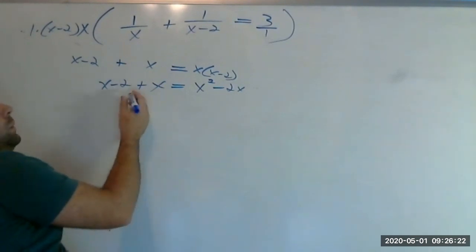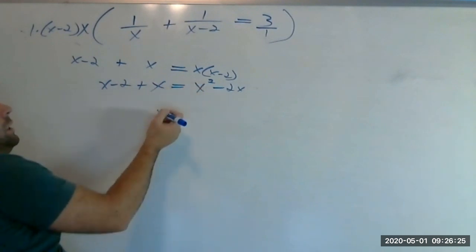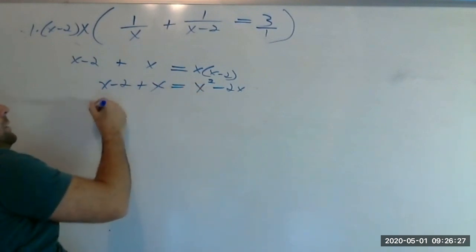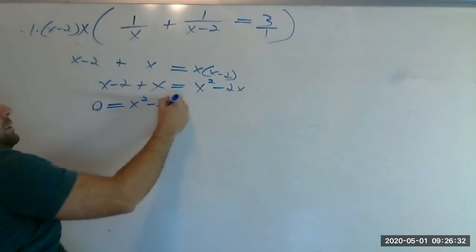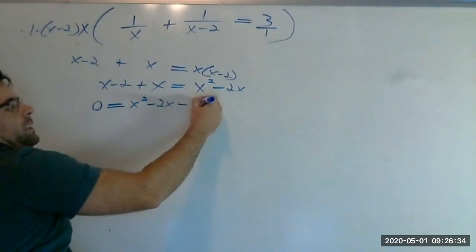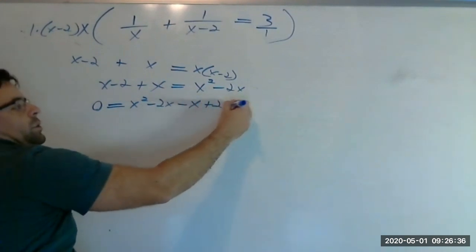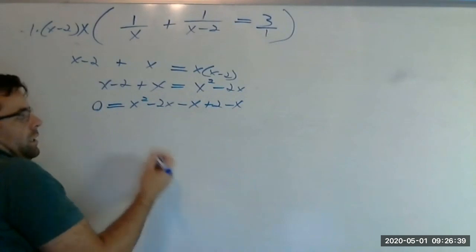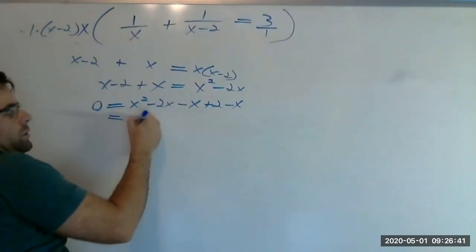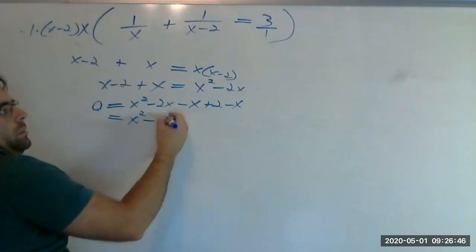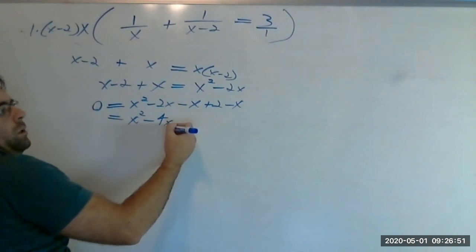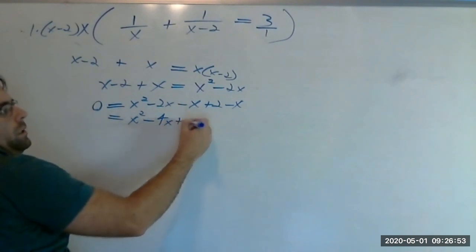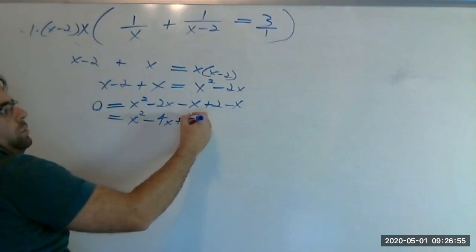So this becomes 0 equals x squared minus 2x minus x plus 2 minus x, which equals x squared minus 4x plus 2.